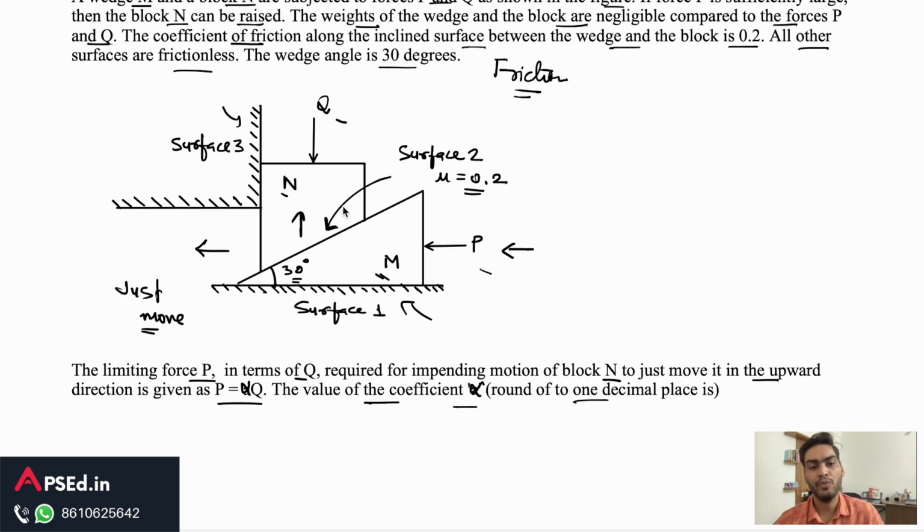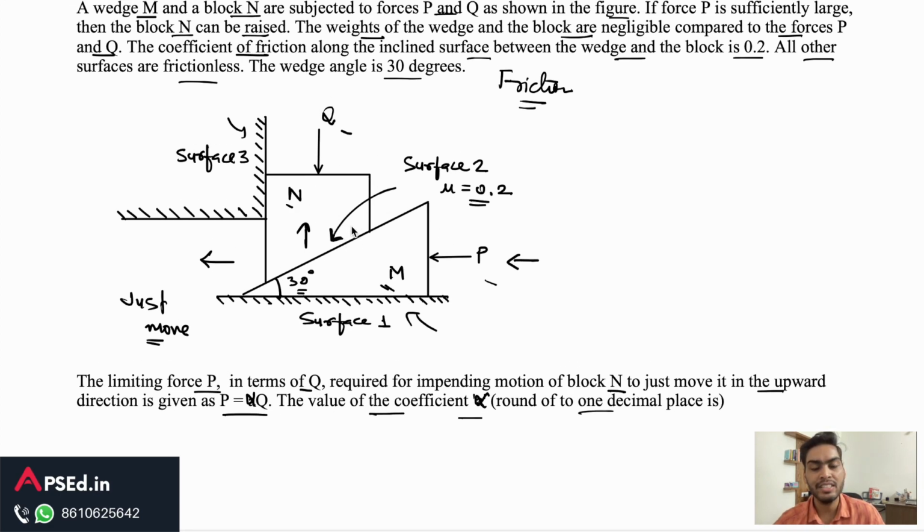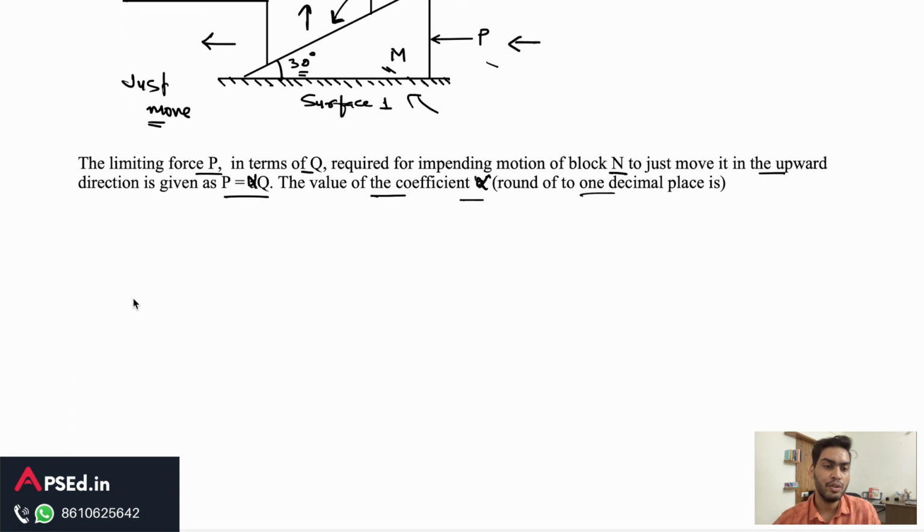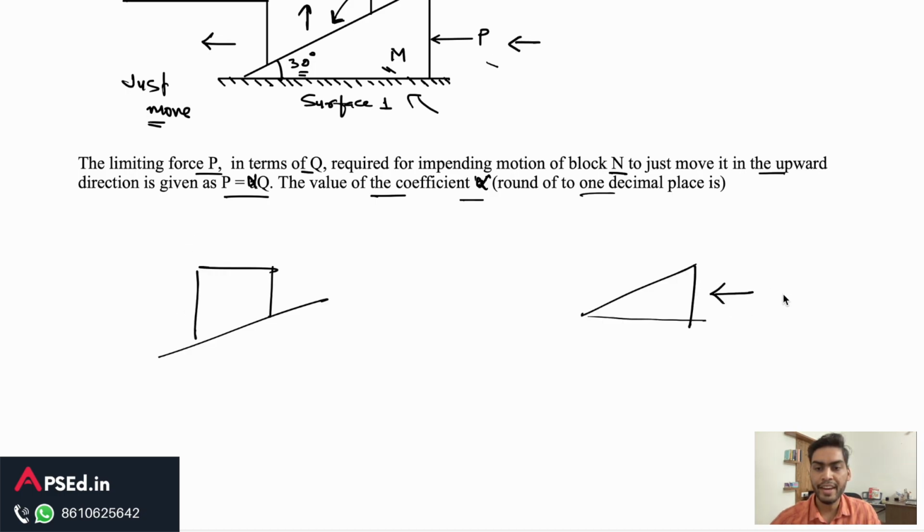In this type of question we have more than one surface. In that case it is better to separate these surfaces and draw the free body diagram separately. So first we have the block and we also have the wedge. Force P is acting on this block, and force Q is acting here. Now let's take them one by one, drawing the free body diagram for the block.